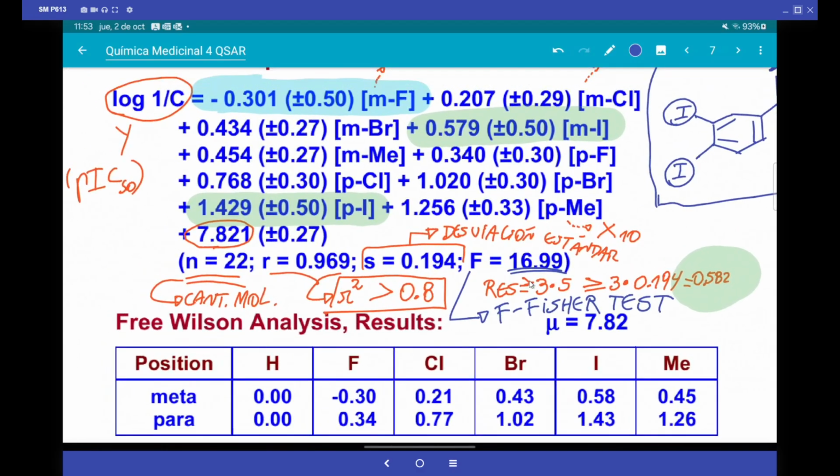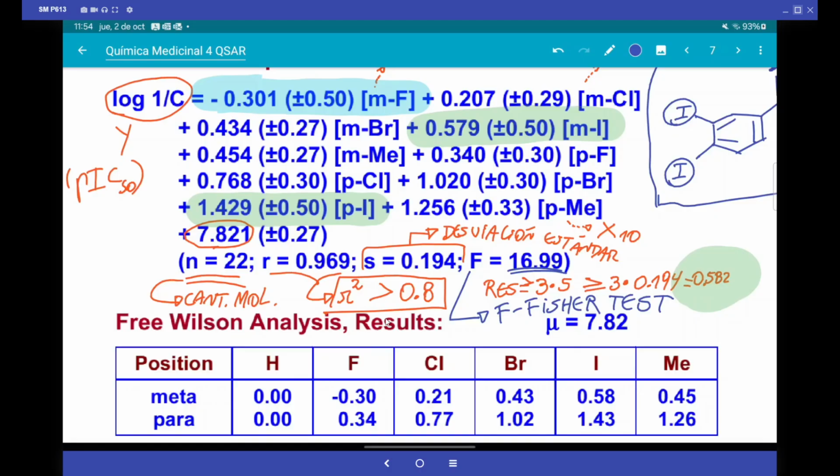The table down here is another way to represent the Free-Wilson equation. Instead of representing the equation in this very long way, we can represent the results in a table. The example says here, fluorine, position meta, minus 0.3.